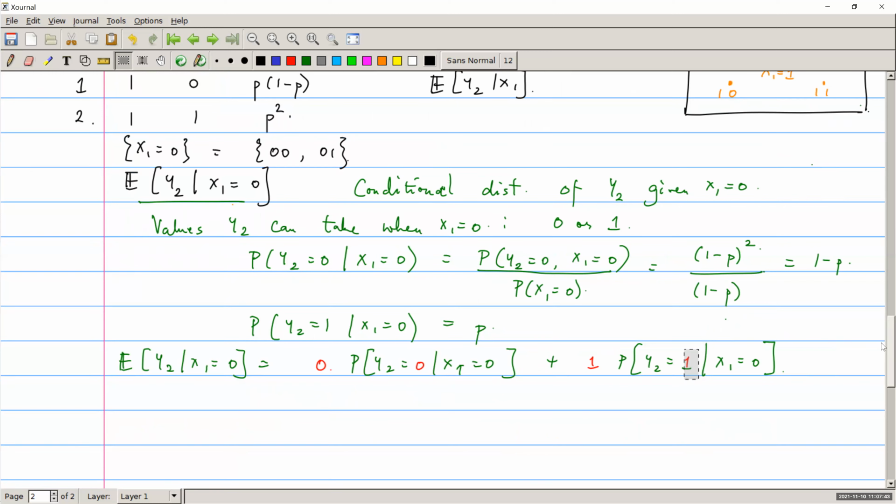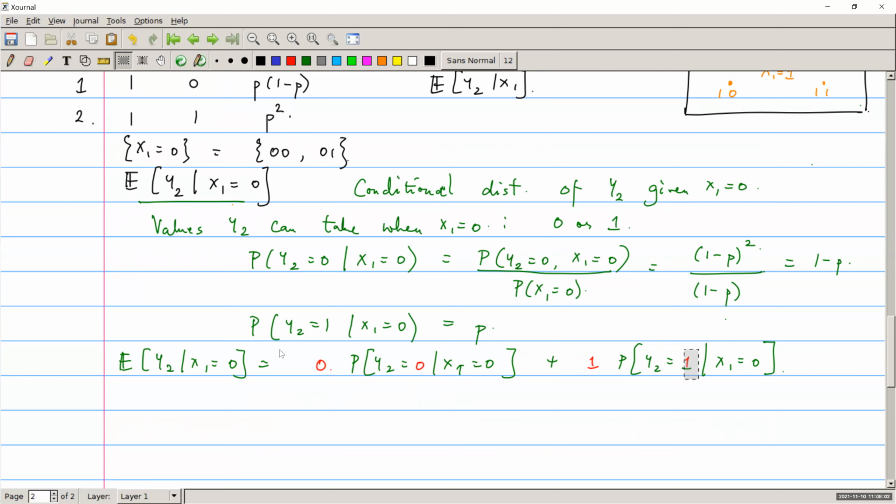Well, conditioned on x1 equals 0. I just run through all the values that y2 can take, and take their weighted average. But when I take the weighted average, I use the conditional distribution of y2 given x1 equals 0.